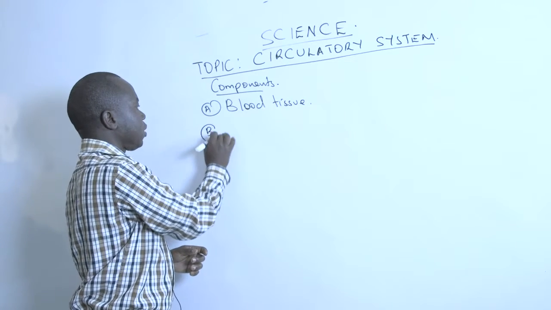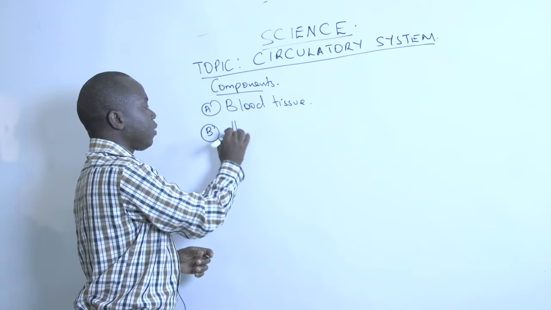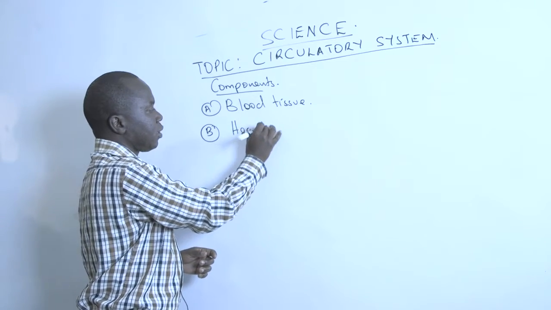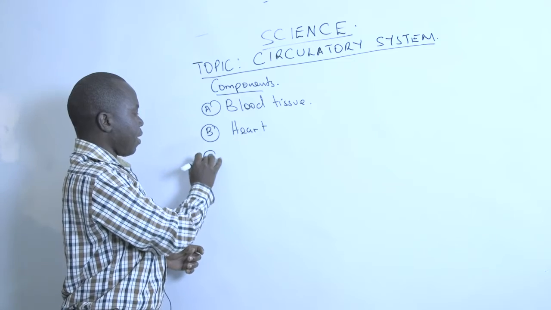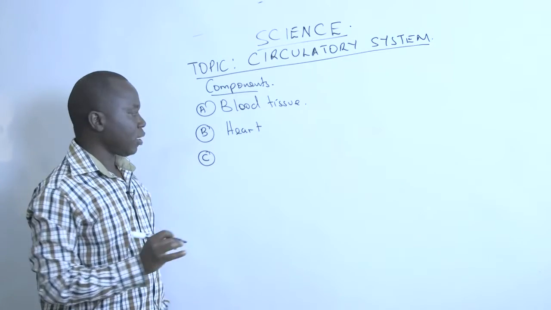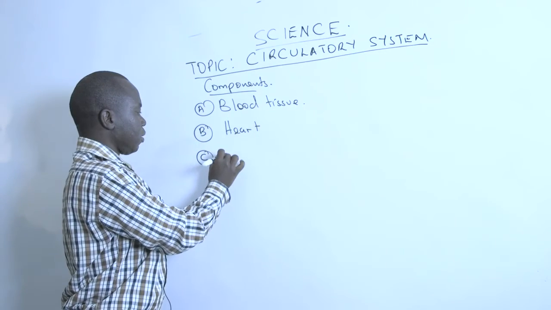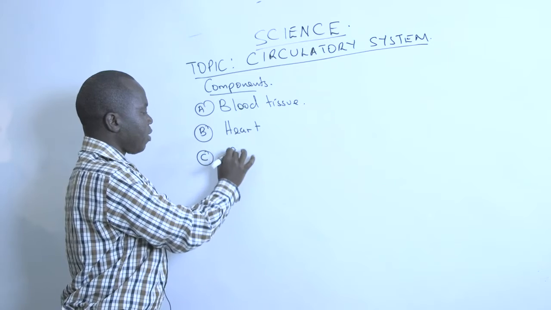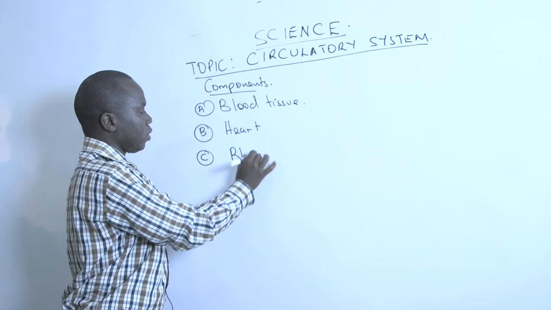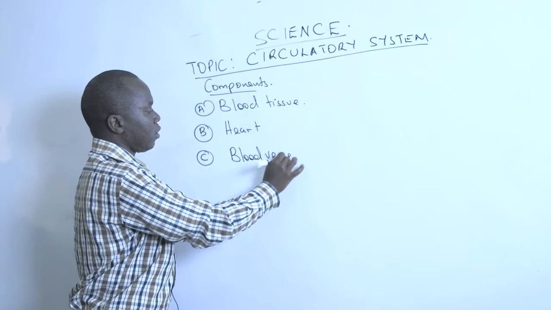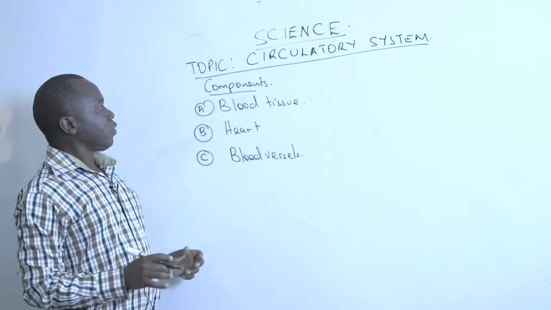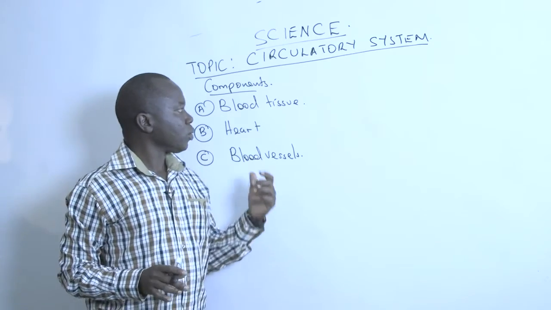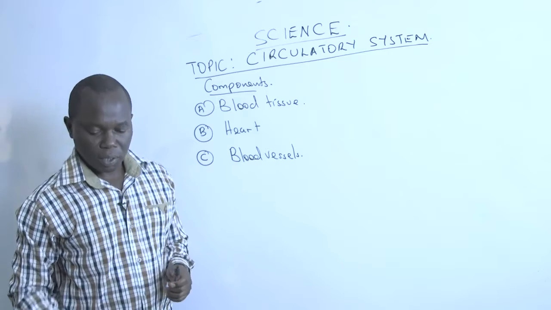It has an organ, very important, the heart, and then other related organs, blood vessels. So we need to find out how each of these components is going to help in circulation.